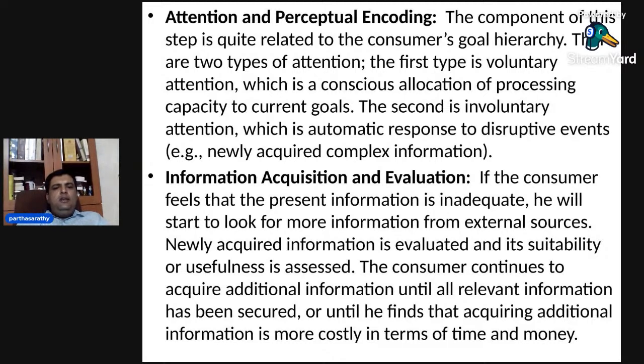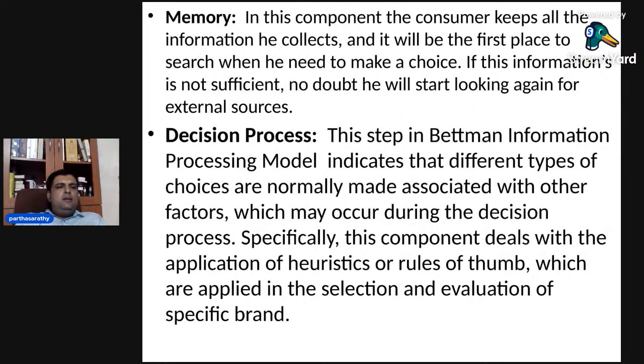The consumer continues to acquire additional information until all relevant information has been secured. So this is another process. Next one is memory, where he retains that information. The consumer keeps all the information he collects, and it will be the first place to search when he needs to make a choice.